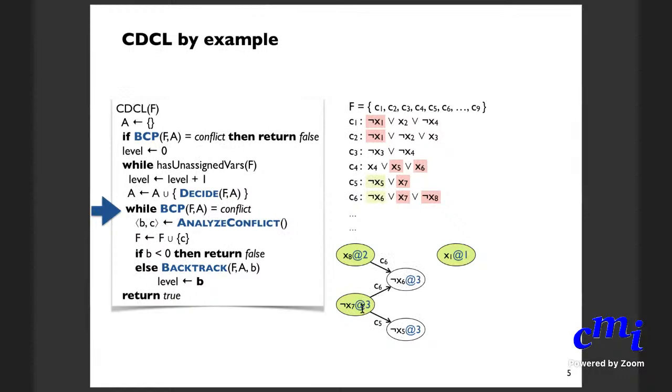Similarly, the decision on X7 and the decision on X8, via clause C6, force a decision to be made on X6. All these are implied decisions made at level 3 as a result of the explicit decision on X7. This is what BCP does, and here I'm keeping track of the dependencies among the literals generated by BCP and the clauses which generate them.